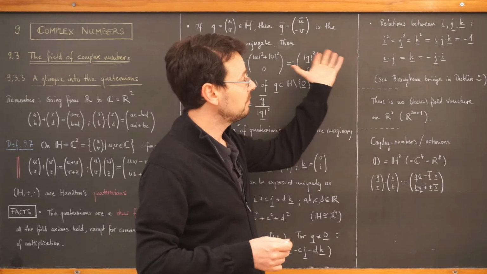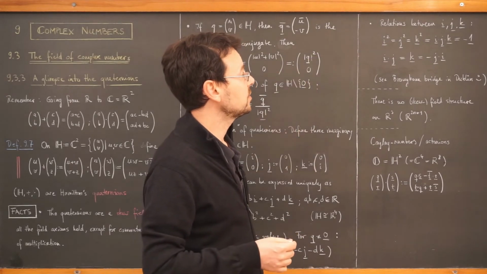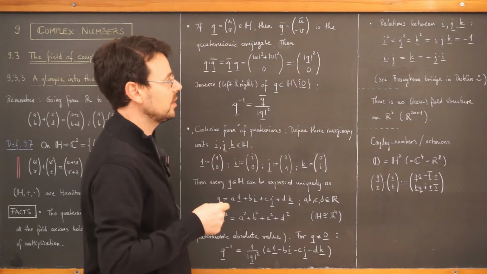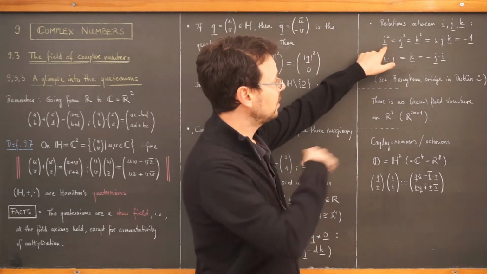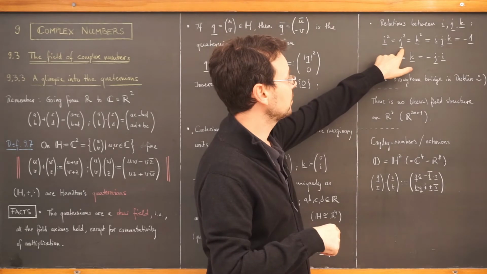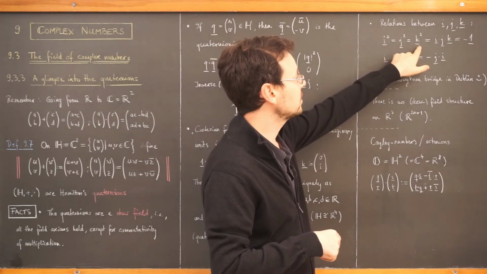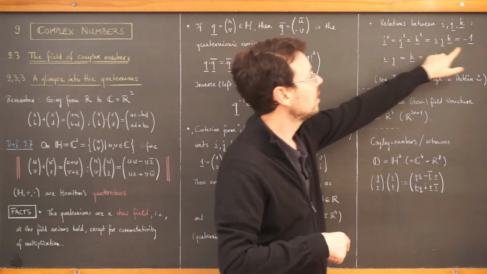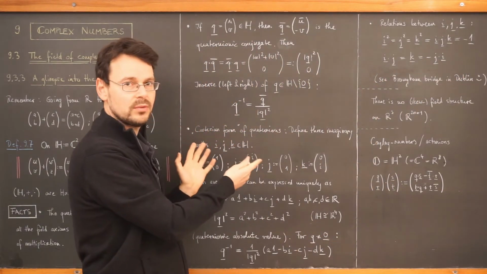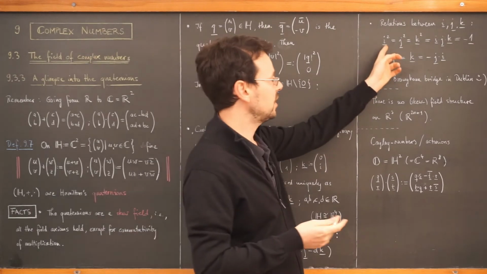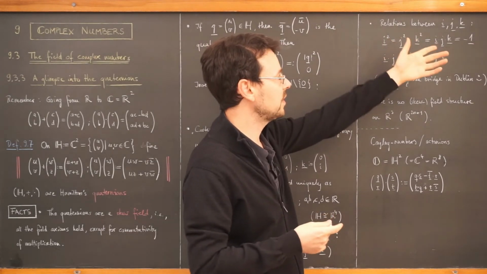And now here the famous and very important relations between the 3 imaginary units in the quaternions. Hamilton found out that I underline squared equals J underline squared equals K underline squared, and this is minus 1. This is the reason why they are called imaginary units in the quaternions. So same as in the complex numbers, where I squared is minus 1.